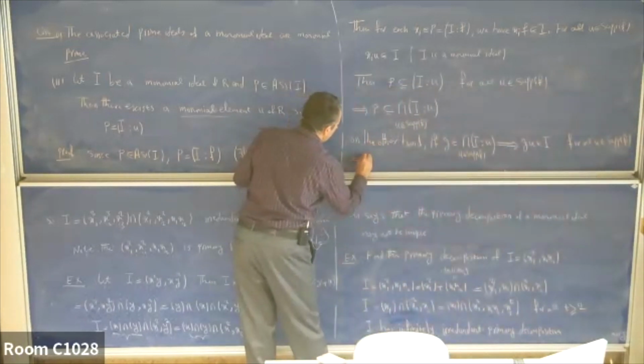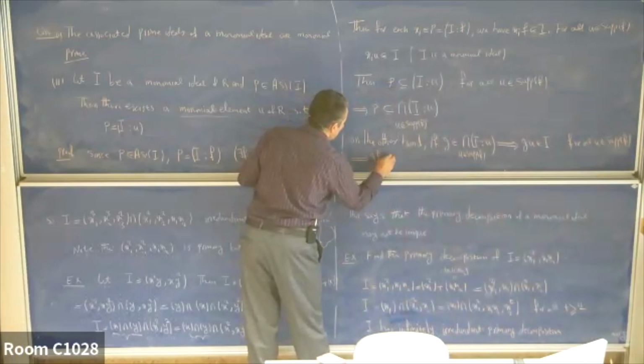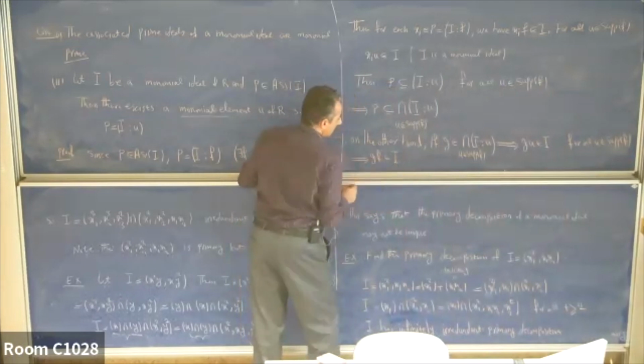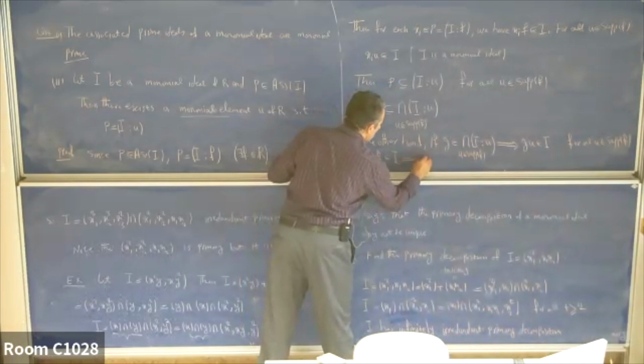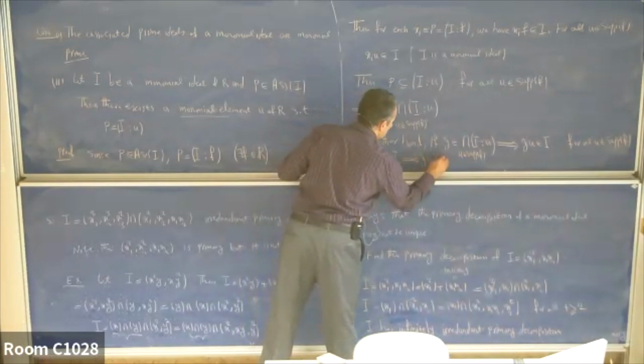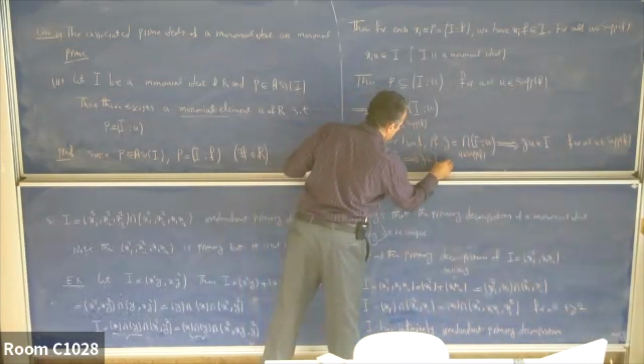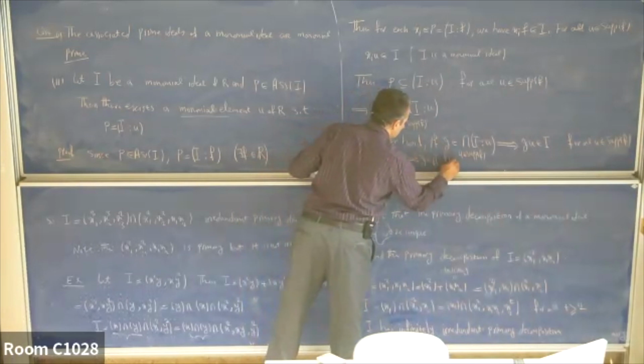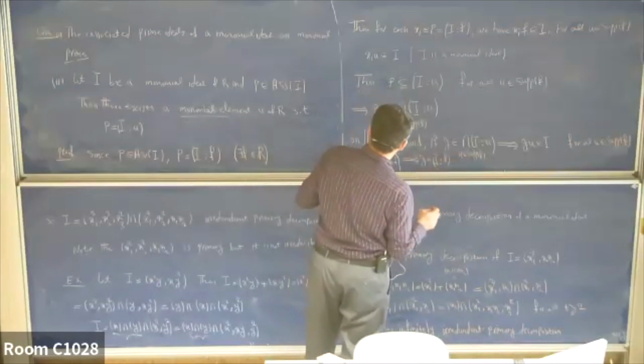Then we have gF belongs to I. So g is in I colon I with respect to F. This one is P.